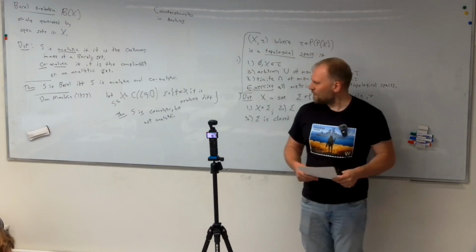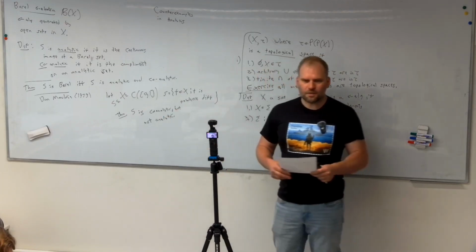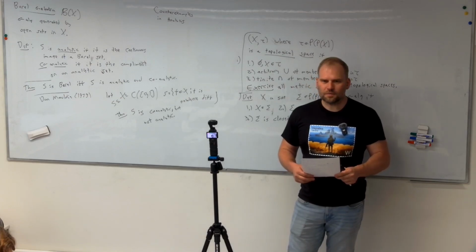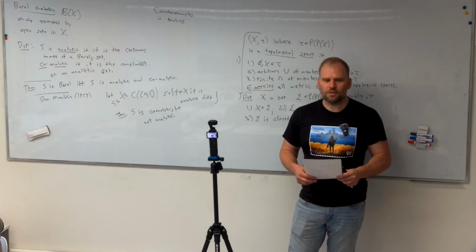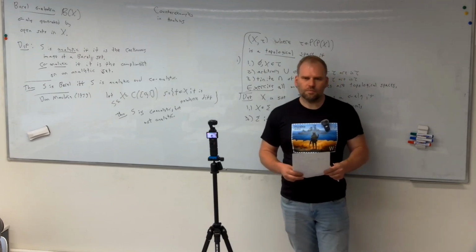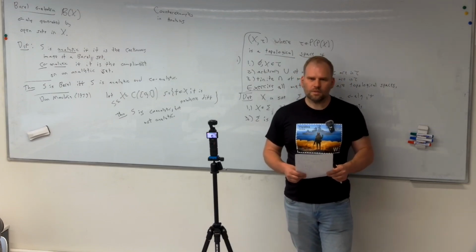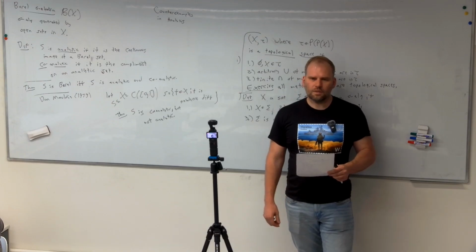Maybe I misunderstand. I was sure before that the notion of analytic set is essentially wider than the notion of Borel set. Well, there's a bunch of equivalent definitions. I mean, analytic set in the sense of Suslin. There's an absolutely different definition of analytic set, essentially wider than the set of Borel sets.